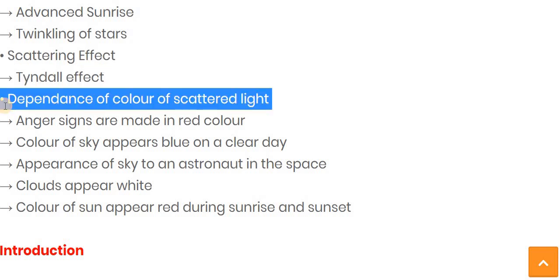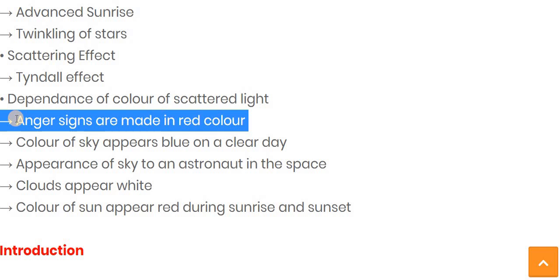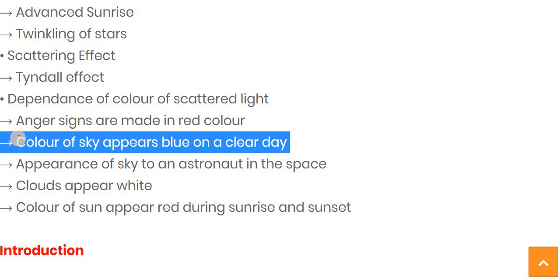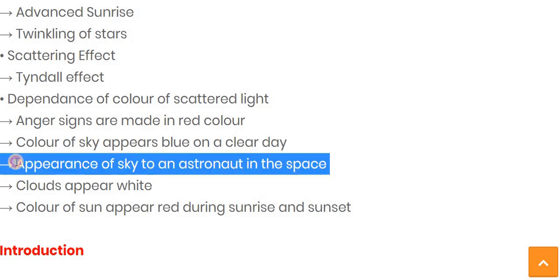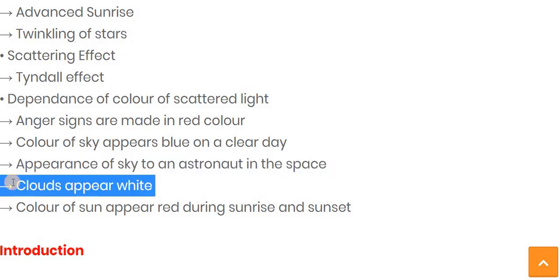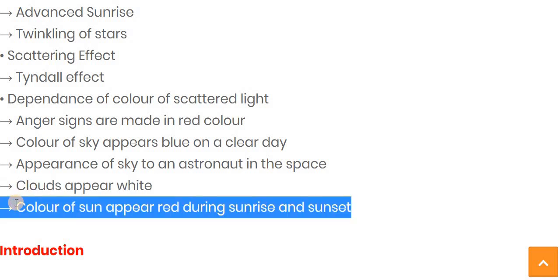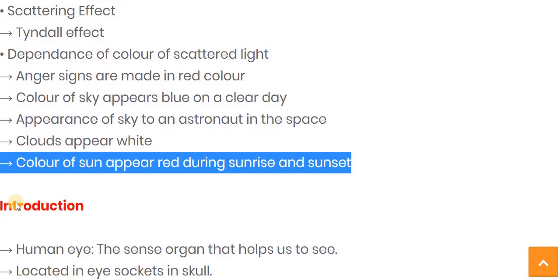Later on, dependence of color of scattered light, the danger signs are made in red color, the color of sky which appears blue on a clear day, the appearance of the sky to an astronaut in space, the clouds appear white, and the color of the sun appears red during sunrise and sunset time. So these are all the points that we will cover in this chapter.